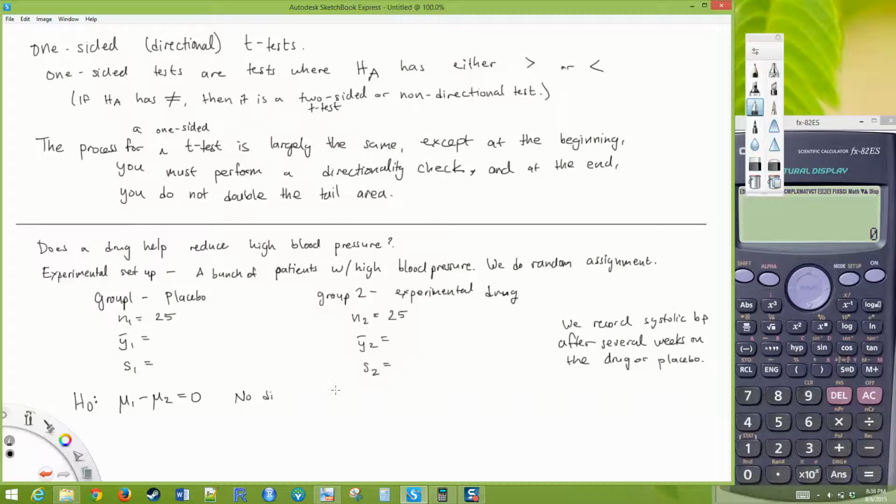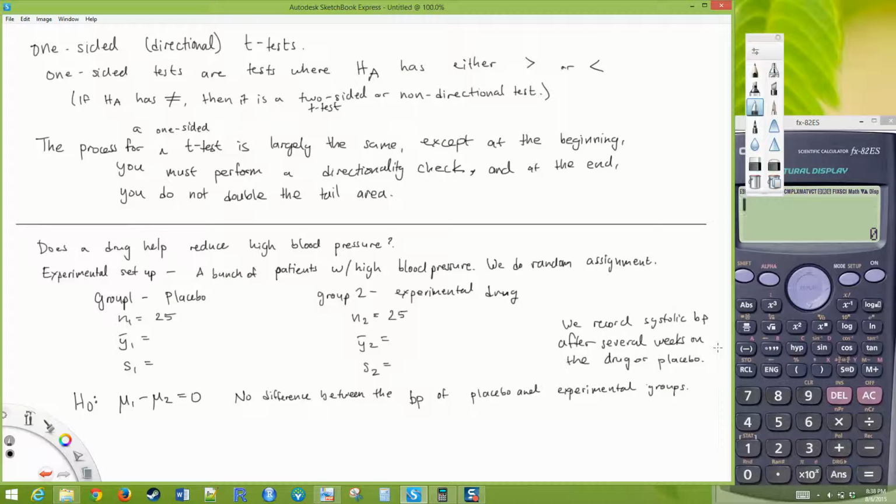Okay, so the null hypothesis would be that there is no difference between the ending blood pressures of placebo and experimental groups. Okay, between the recorded blood pressure of placebo and experimental groups.